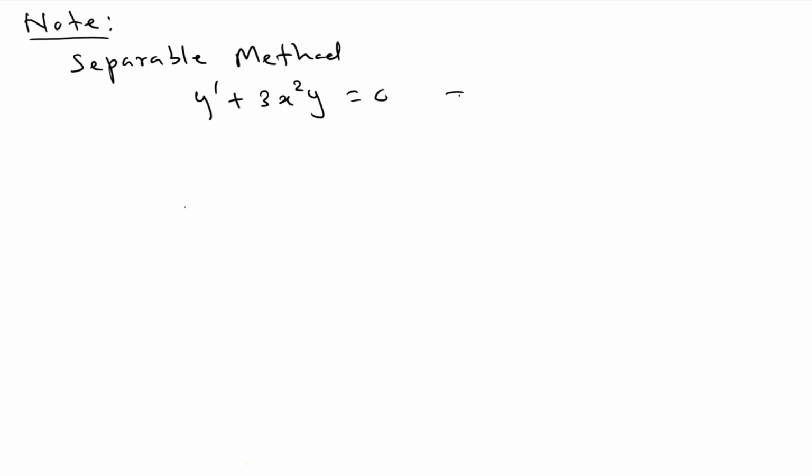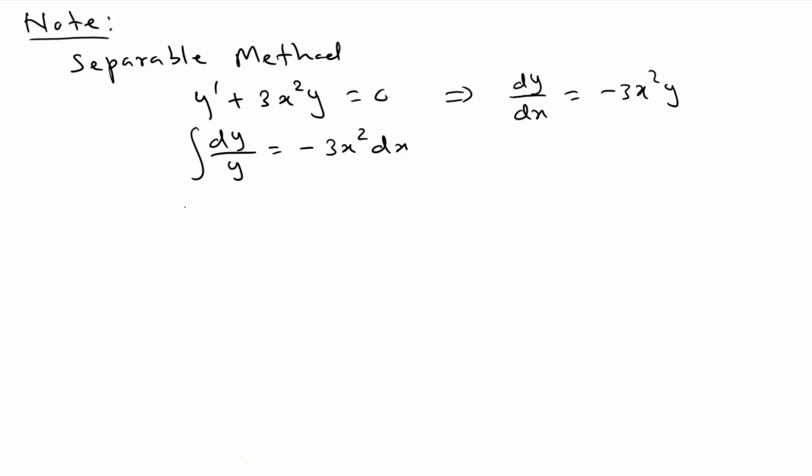What we normally do is write this as dy by dx equals negative 3x squared y. We bring the y terms to one side, so we can write dy over y equals negative 3x squared dx. Now we can integrate both sides.